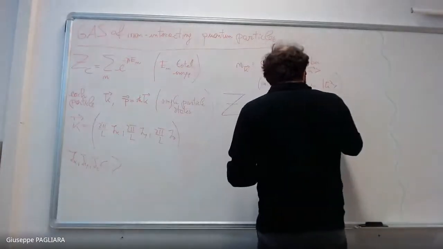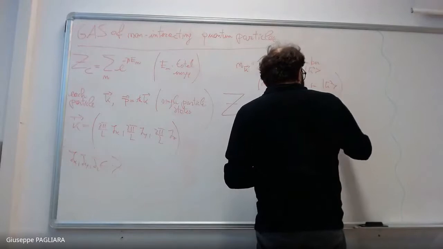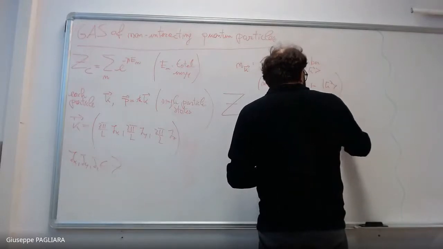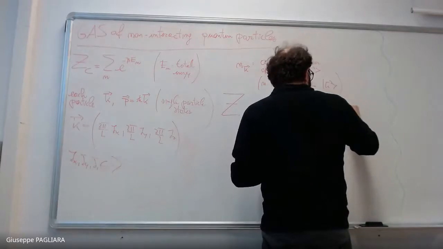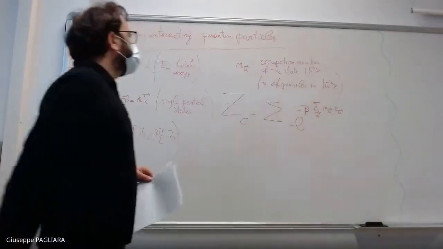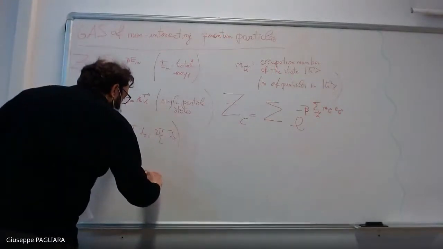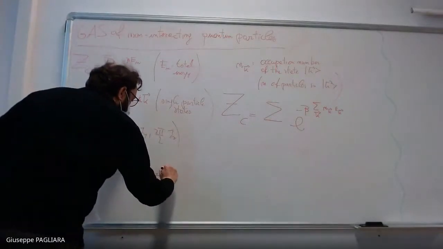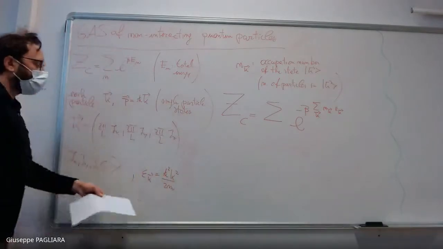So this will be the sum over k of n_k times epsilon_k, where epsilon_k is the standard kinetic energy that we have seen before for a single particle.